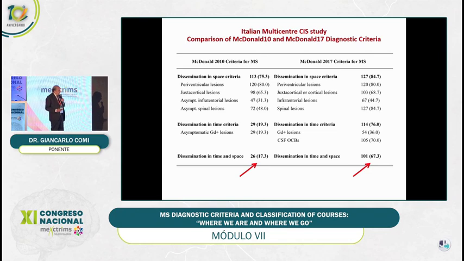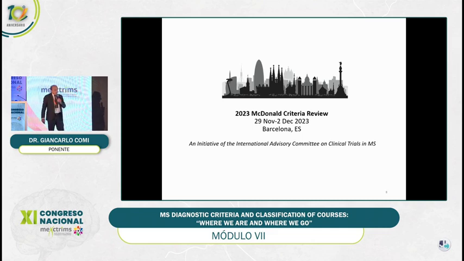With regard to how many patients can be diagnosed immediately according to these new versions of the diagnostic criteria, the change is a very strong increase from 17% to 72%. This is particularly true because spinal discrimination replaces evidence of these lesions caused by MRI.